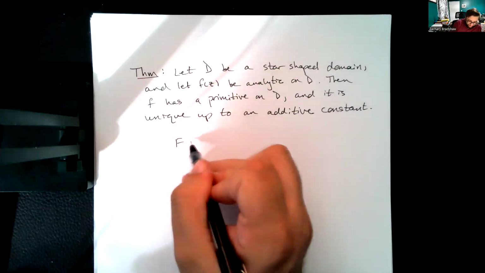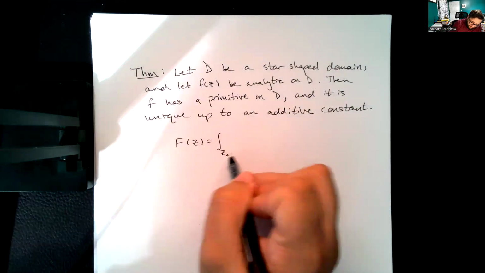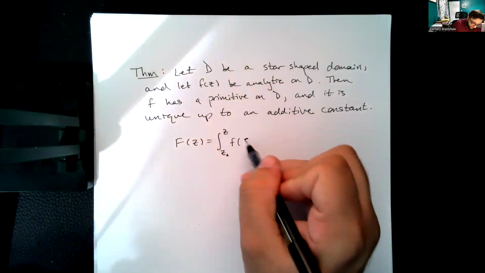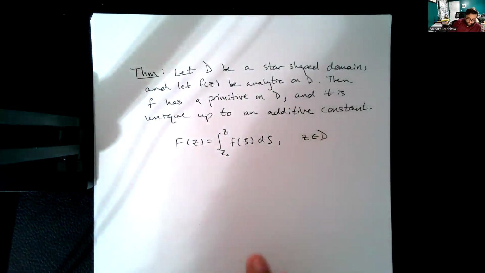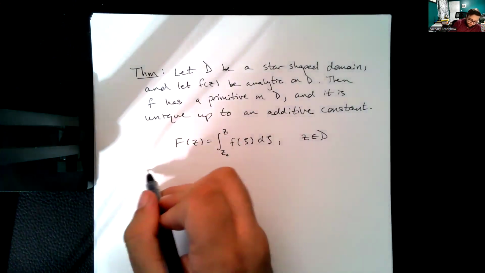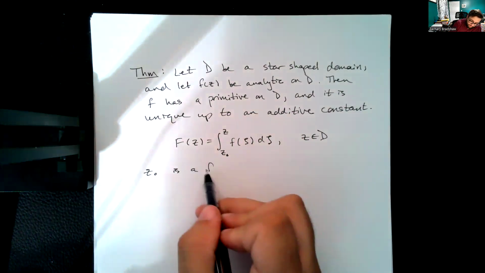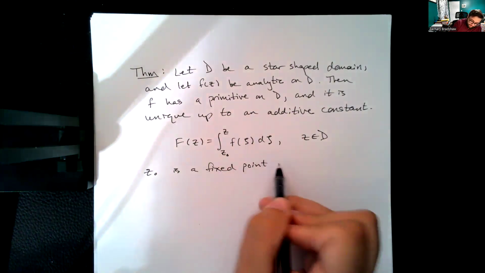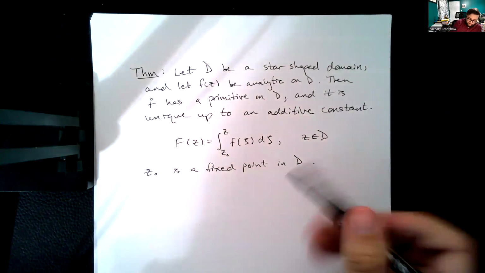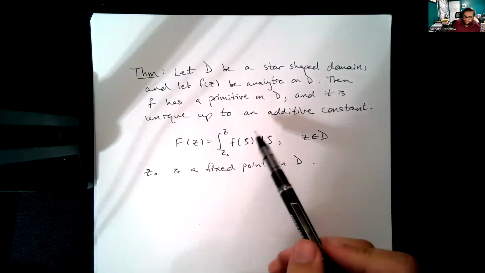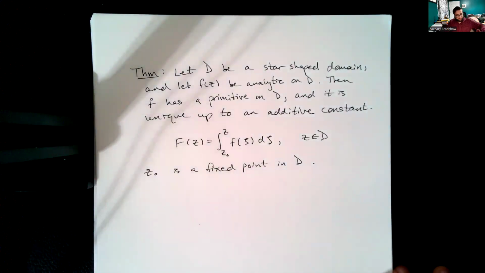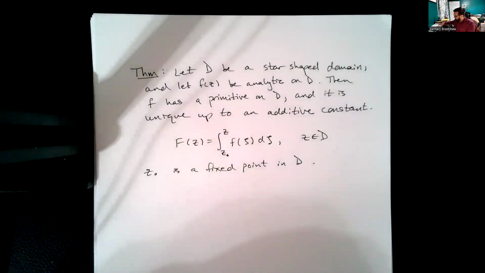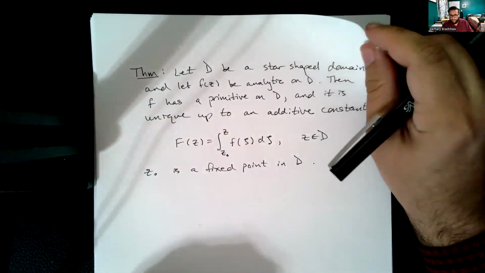And it's given explicitly by the integral from z naught to z of f of zeta d zeta for z in D. So z naught here is some fixed point in D. So the uniqueness up to the additive constant comes down to this choice of z naught here.